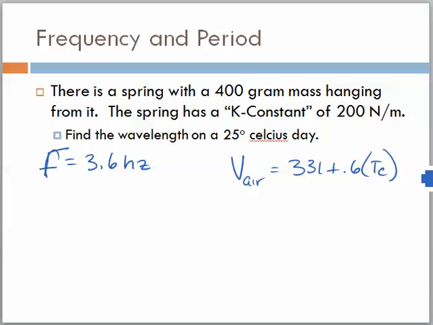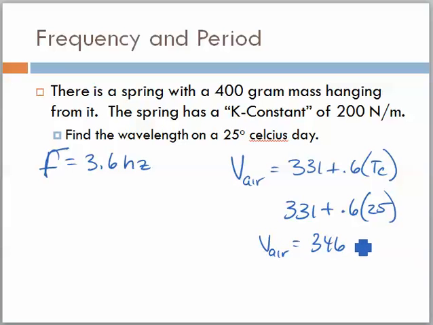Well, at this point then, I'm going to take 0.6 times 25 and then add it to 331. The velocity then in air, 25 degrees Celsius air, is 346 meters per second. Find the wavelength.